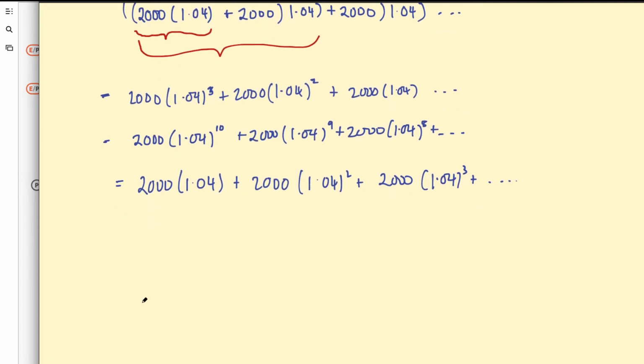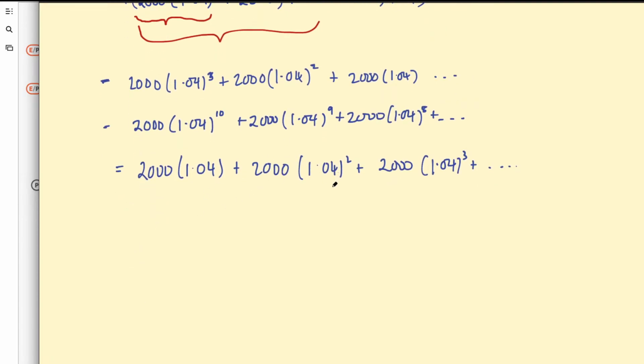And so each term is increasing. Is it an arithmetic, or I get the feeling it's a geometric sequence because we're increasing each term by 1.04. So then we could use the sum of a geometric series.